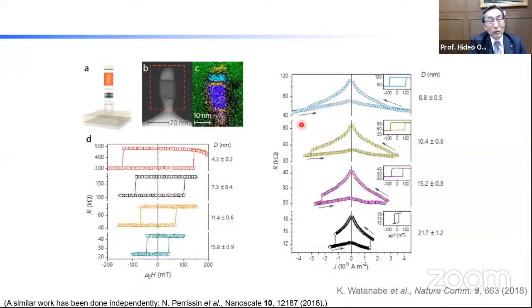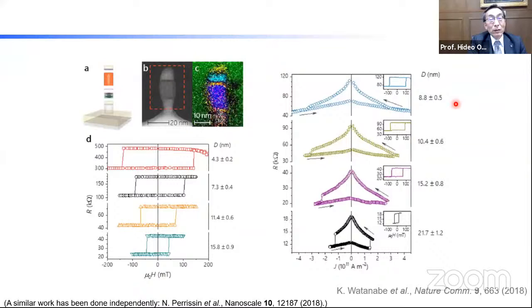This is a diagram that shows that you can electrically switch those magnetic tunnel junctions down to 8.8 nanometers. And we have recently gone below 5 nanometers, which means that with this rule of thumb, if you divide it by 3, we are now below 2 nanometer gate length regime compared to those transistors.